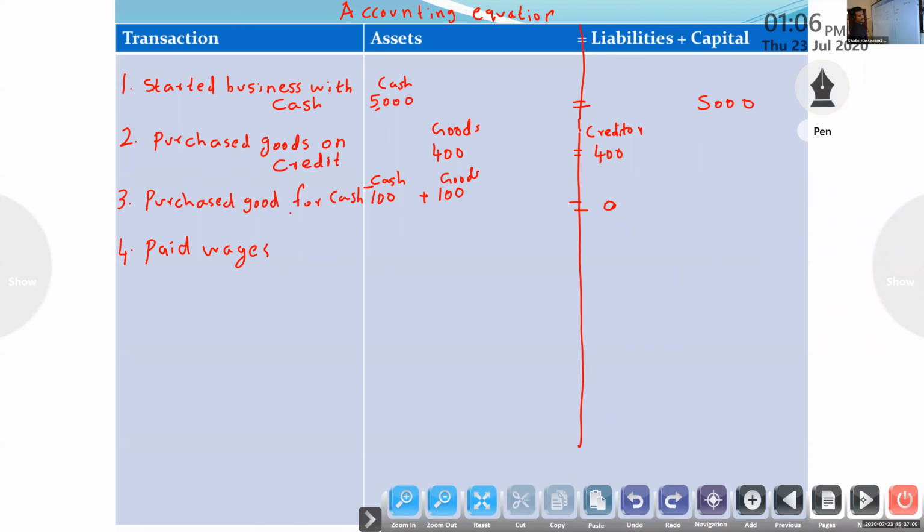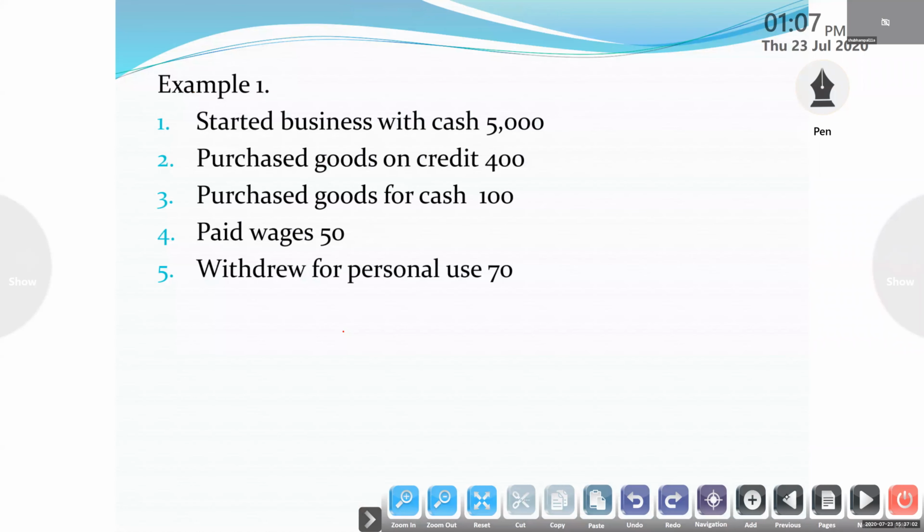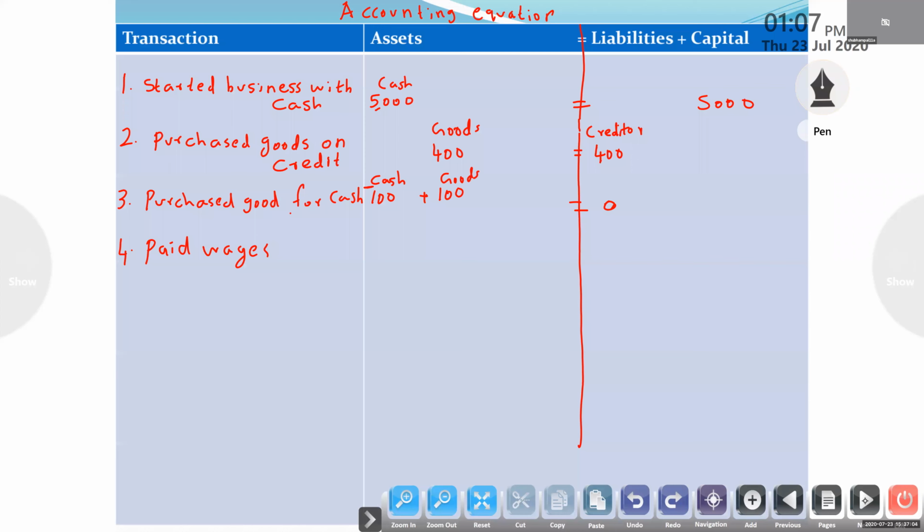So paid wages. Assets is equal to minus 50. Yes, minus 50, that is cash. Then capital is also equal to minus 50. Very good. So minus 50 is equal to minus 50.